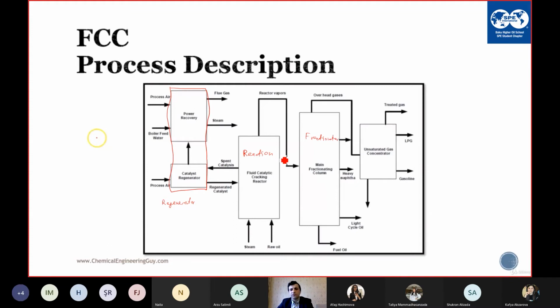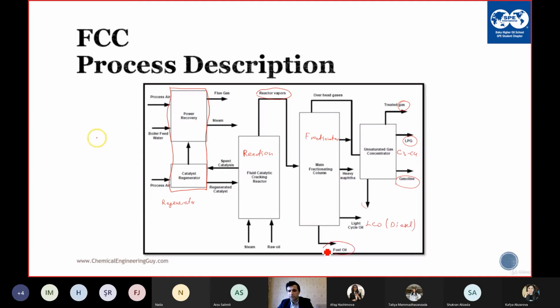What we do, reaction, it is obvious. We have reaction here. And the reaction vapors are sent to the fractionator where we separate the gas, LPG, what is LPG? C3, C4, gasoline, and I think this is the water, light cycle oil, LCO, this is diesel product, and the fuel oil.